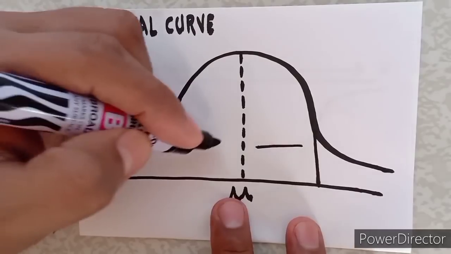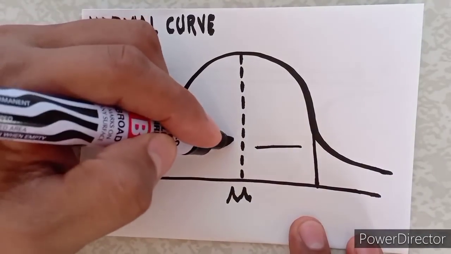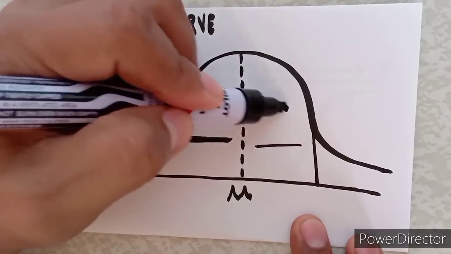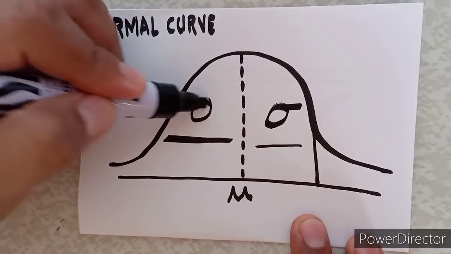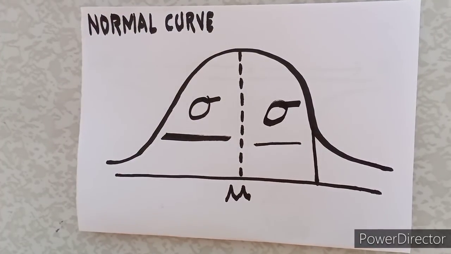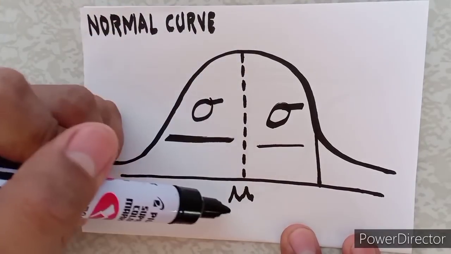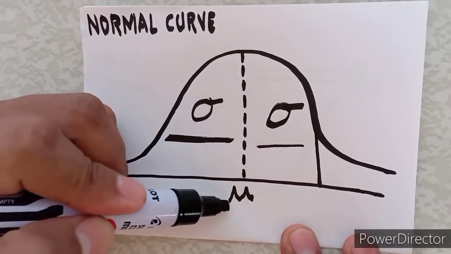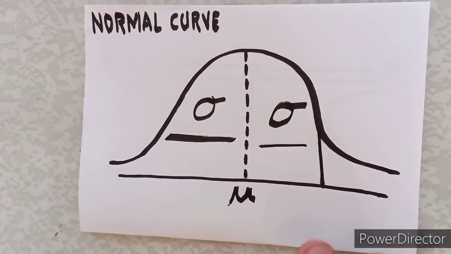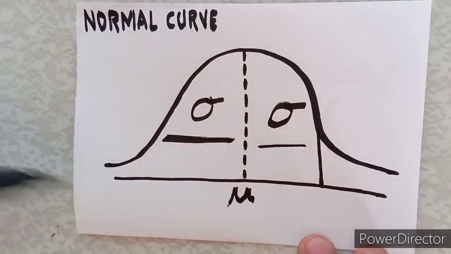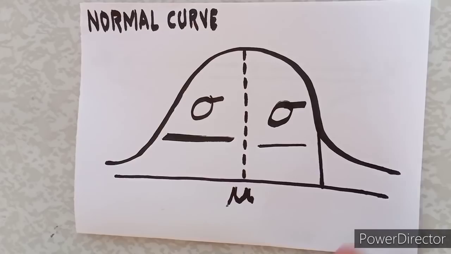Ito ang right side spread, left side spread, dito po pumapasok ang ating standard deviation. Again, ito po ang ating center. Lagi sa normal curve, ang center niya ay ang mean. This is a bell shape always. And that's all about normal curve.